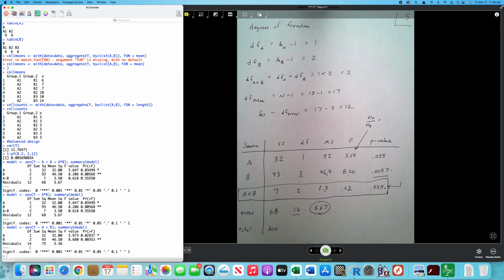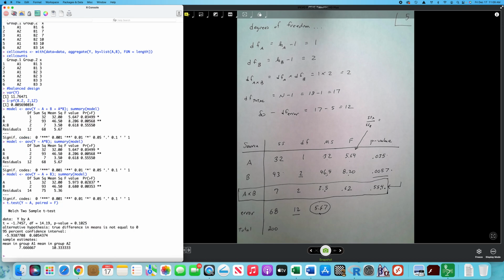So what I look at with A, since I have a variable with two levels, well, I would look at an unpooled t-test. Well, what I look at for B, since B has three levels, I would run an ANOVA on B. So t-test, so I would want Y over A. And I see that I do not have statistical significance.